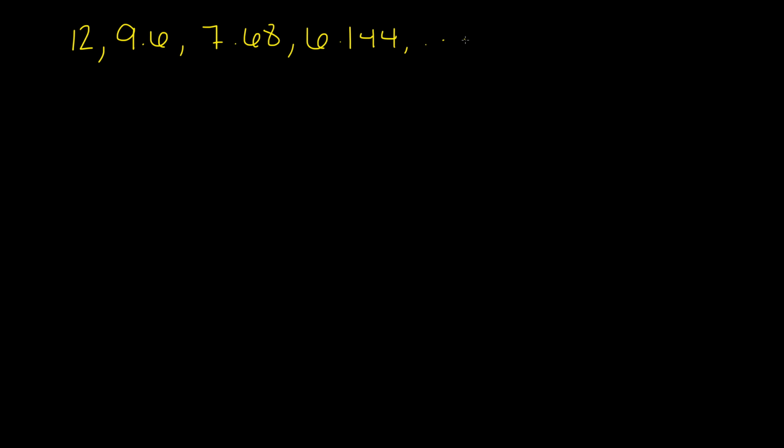It could be a geometric sequence, but let's find out. I'm going backwards when I do my division to find my ratios. 6.144 divided by 7.68 gives 0.80.